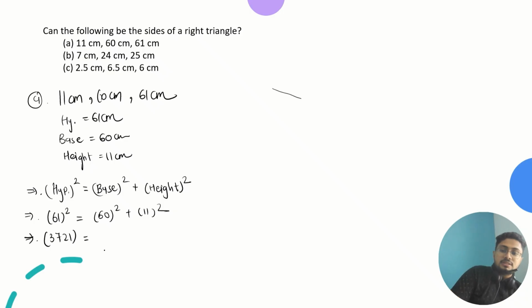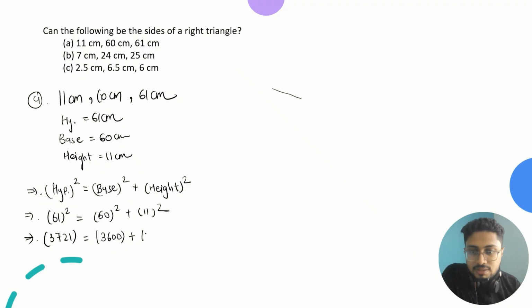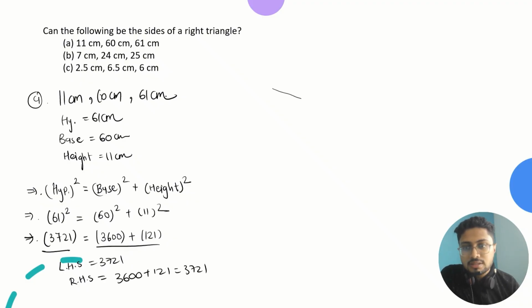Then what is 60 square? It's 3600. And 11 square is 121. Now if we see LHS and RHS, in LHS we have 3721, and in RHS if you add 3600 plus 121 you will get 3721. So yes, the first one is a right angle triangle.